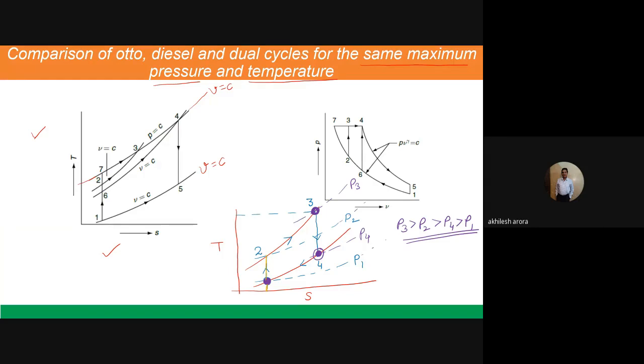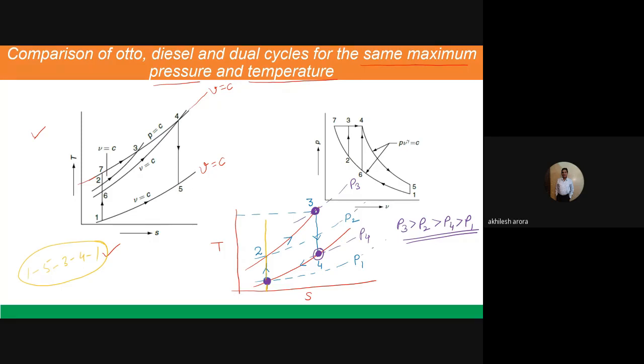After the compression process, if I say that the diesel cycle comprises state points 1, 5, 3, 4, 1, this is what I'm making as a diesel cycle. So point number 5 is to be located somewhere. I know that after point number 5, the process should be heat supplied at constant pressure, and the process should end at point number 3 only.